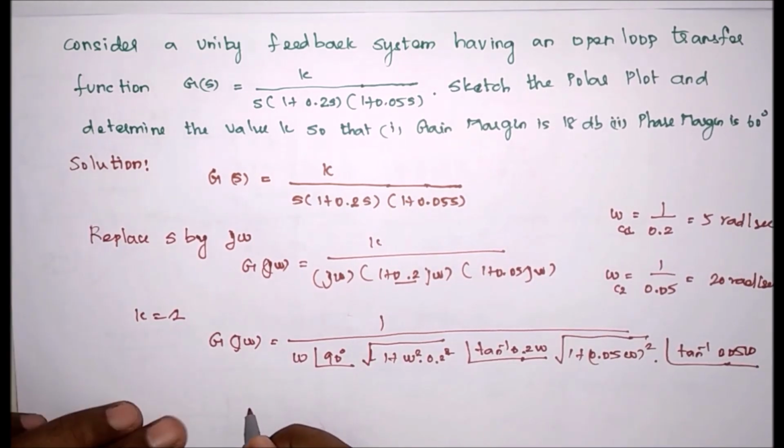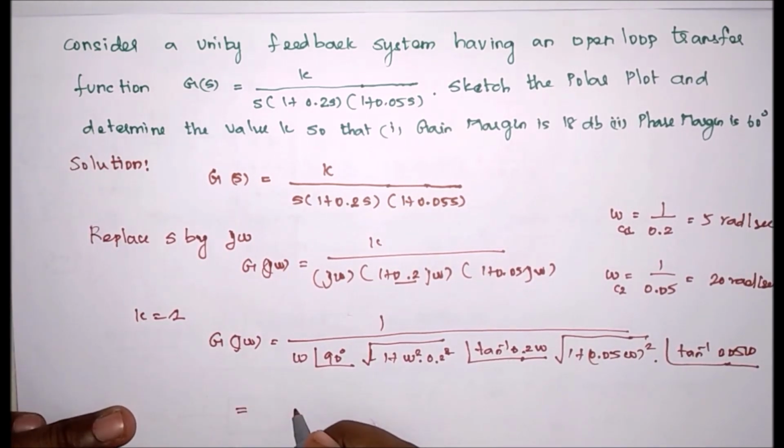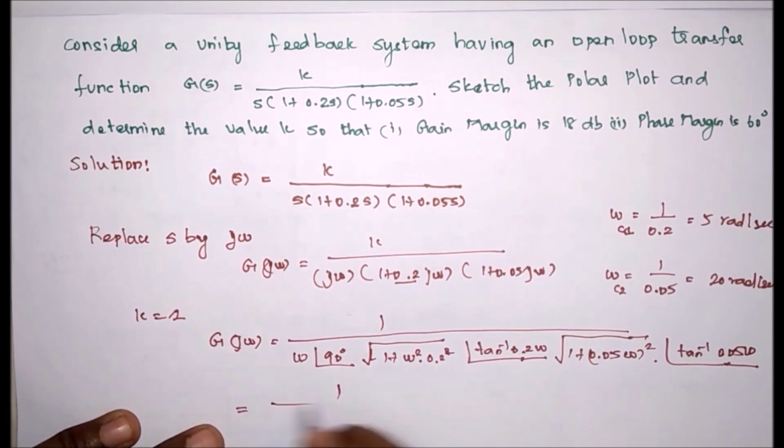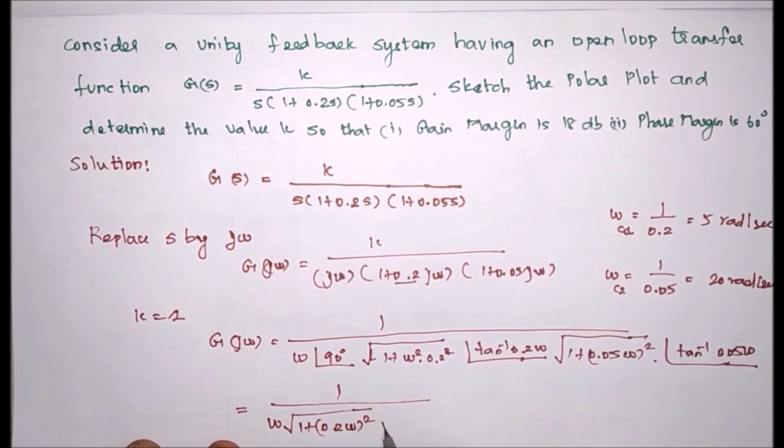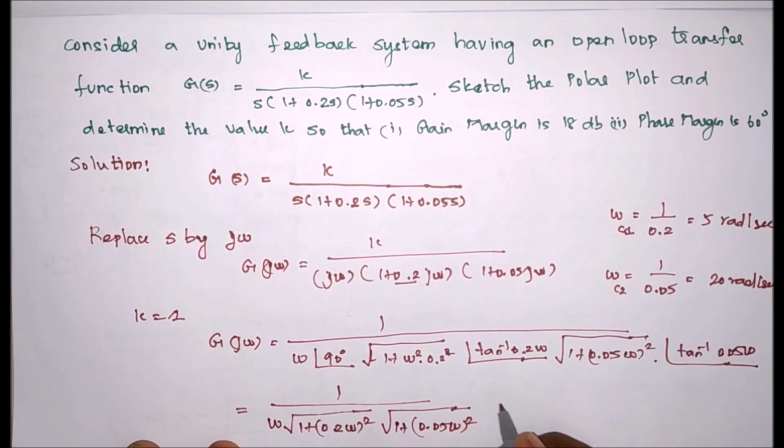So now I am going to separate magnitude and angle. The magnitude is omega into square root of (1 plus (0.2 omega) the whole square) into (1 plus (0.05 omega) the whole square).